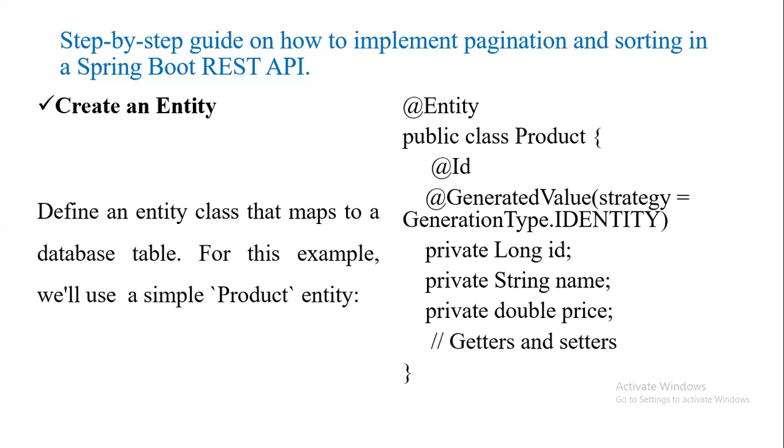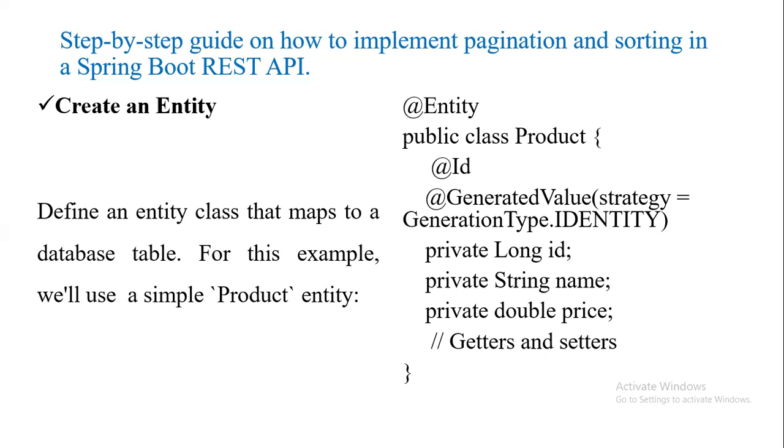Also we have another annotation called @GeneratedValue, which means that we are assigning an auto-generated value. Inside it, we have given strategy equal to GenerationType.IDENTITY, which helps you create unique values. Next, the attribute is declared as long id. Even though you have assigned the id as long, it is automatically treated as an integer because we have assigned an auto-generated value.